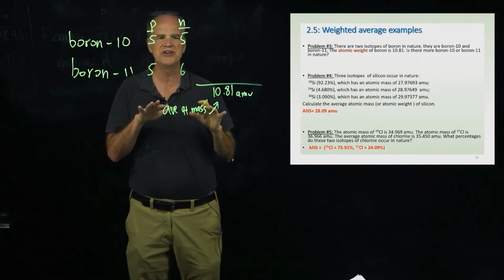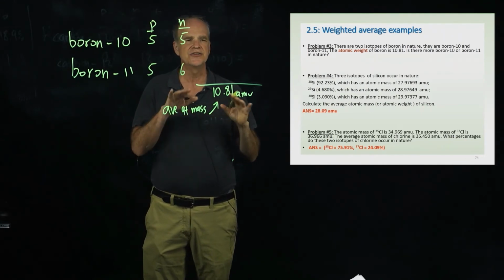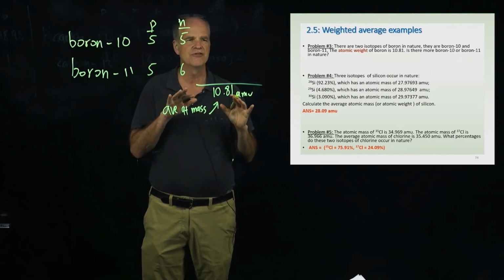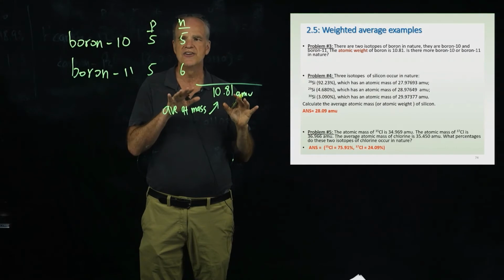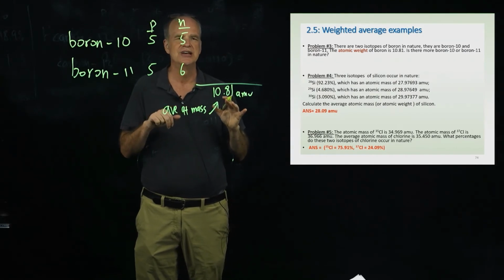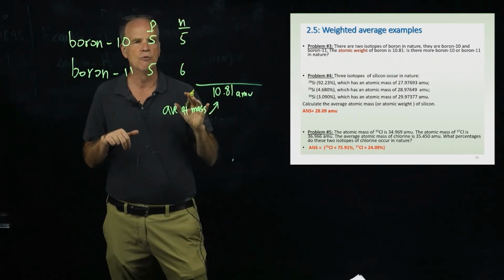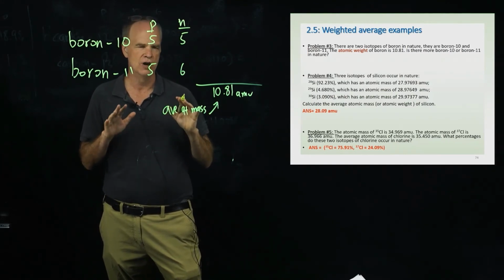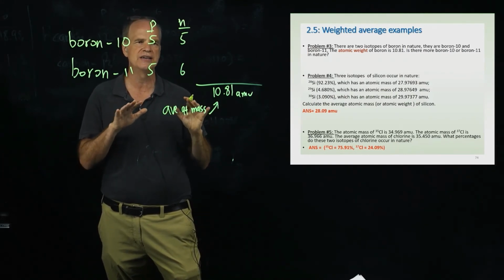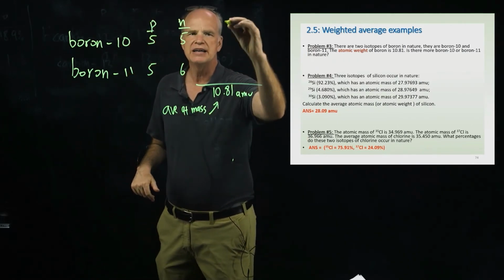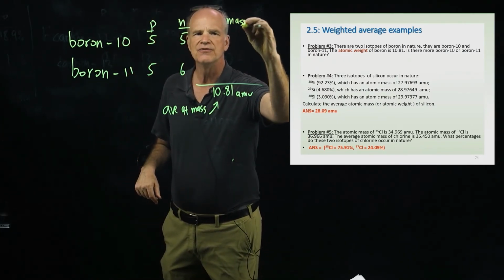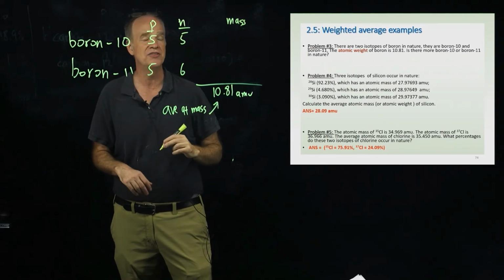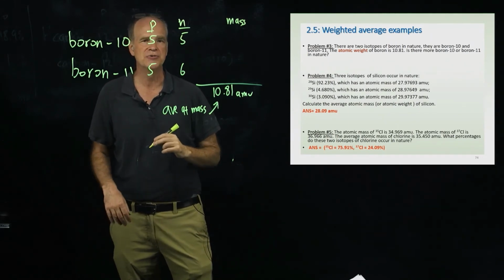Now, based on this information, can you give me some sort of approximate value of the relative masses of these isotopes? Remembering that 1 AMU is about the mass of 1 proton or 1 neutron in an atom, you can make a guess as to what the mass of each of these isotopes is going to be.